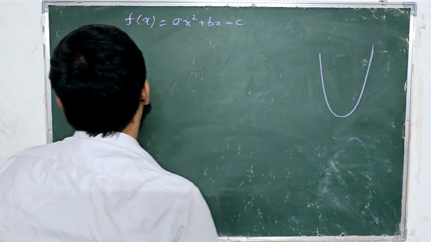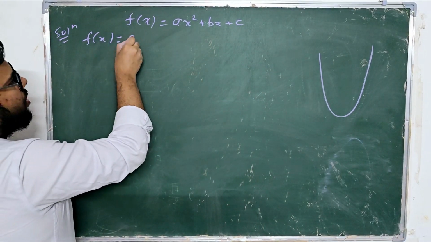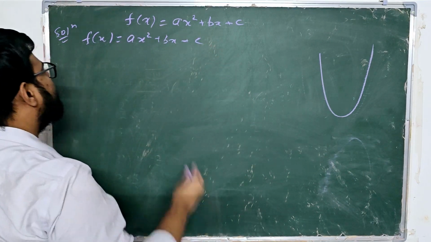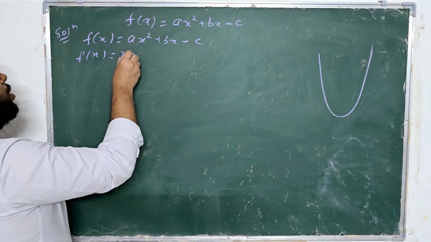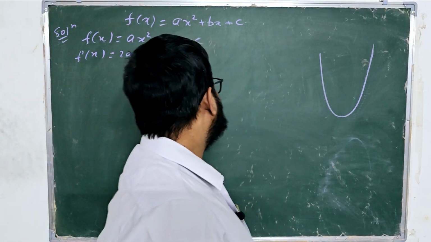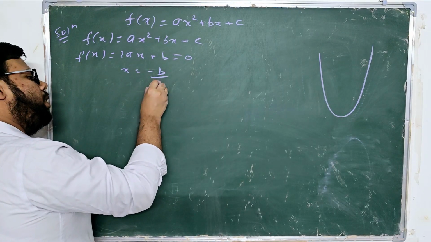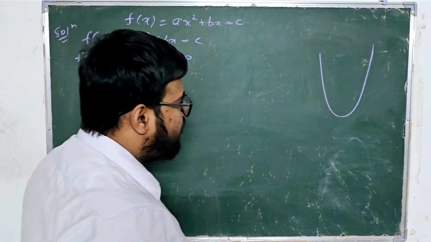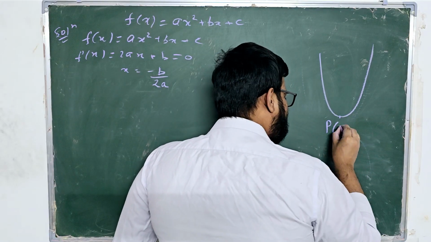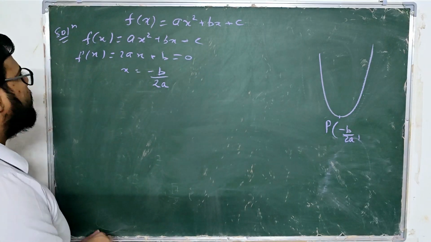So f(x) is ax square plus bx plus c, f dash at x will be ax plus b. Set it equal to 0, so you get x equal to negative b by 2a. So the abscissa value of this point will be negative b by 2a. Now we have to find the ordinate value over here.